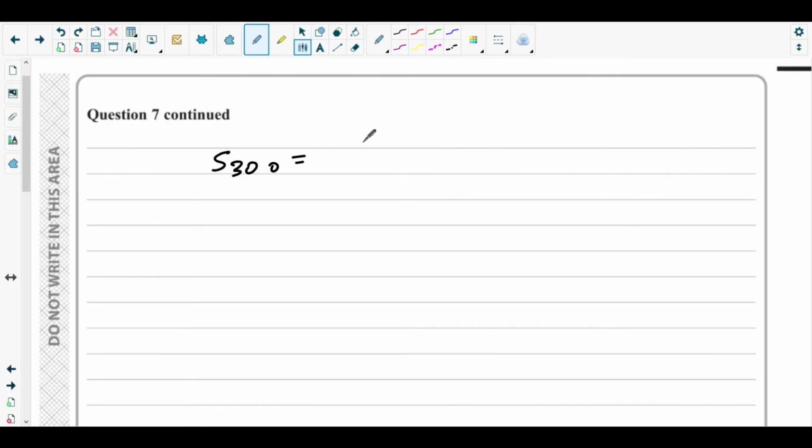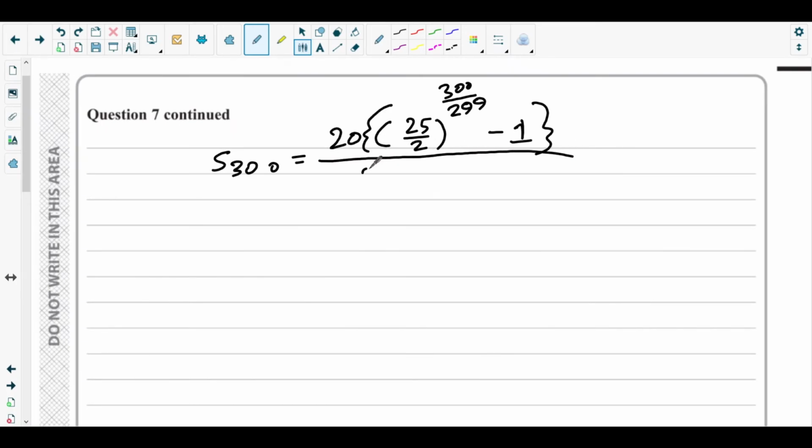So the formula is a times r to the power n minus 1, over r minus 1, which is 20 times (25 over 2 to the power 300 over 299 minus 1) over (25 over 2 to the power 1 over 299 minus 1).